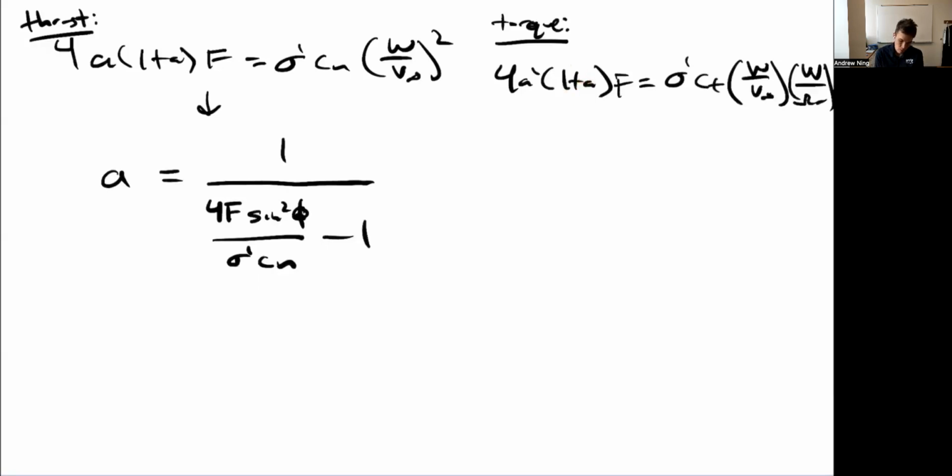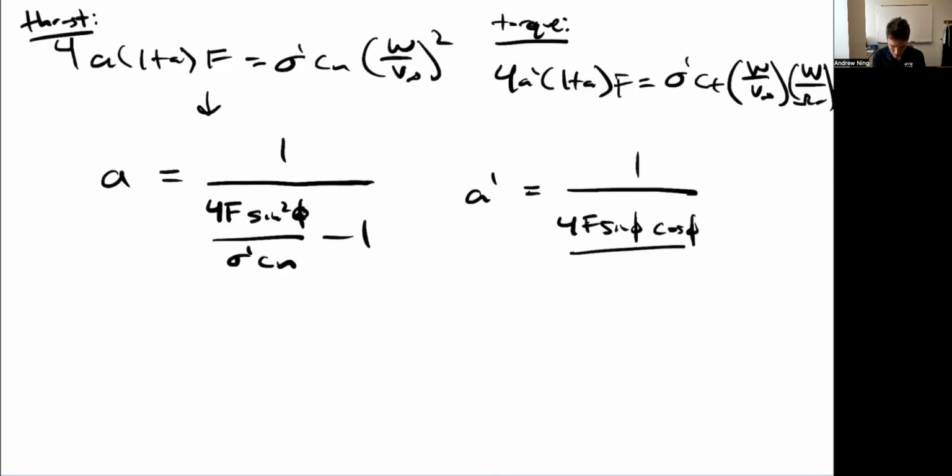And then I've got a 1 plus a prime, and I can bring all the a primes to one side and solve. I'm going to get the following: a prime equals 1 over 4f sine phi cos phi over sigma prime ct plus 1. Okay. All right. So here's where we're at. Looks like we have explicit equations, though it's not quite the case, as we'll see.